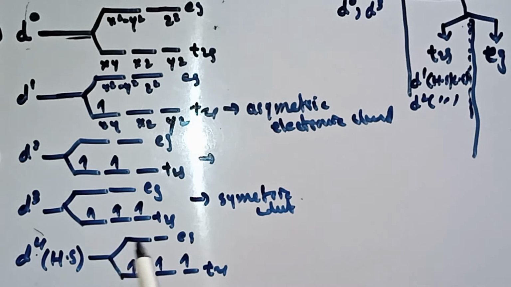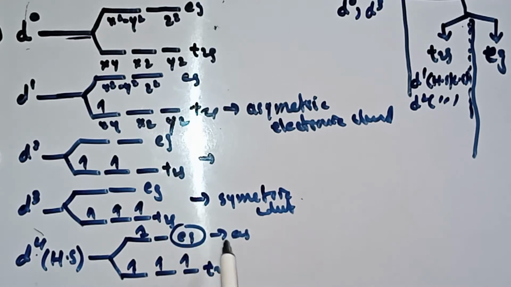The distortion will depend on whether the electron is in x square minus y square or in z square. But first let's assume it is in eg, whether z square or x square minus y square. You need to know that eg then has an asymmetric arrangement.